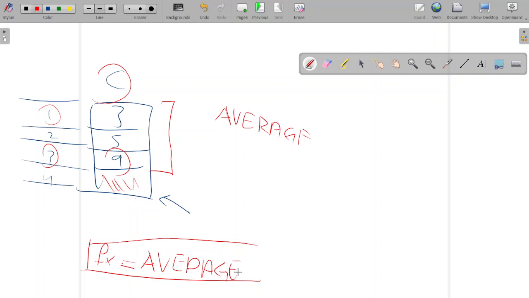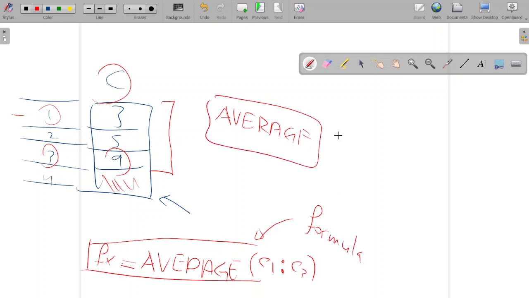To be able to add that, you need to open a bracket and add the minimum value, C1. After that, you make two dots, not a semicolon, and write C3 and close the bracket. This is the formula of a range of cells, and this is the function.